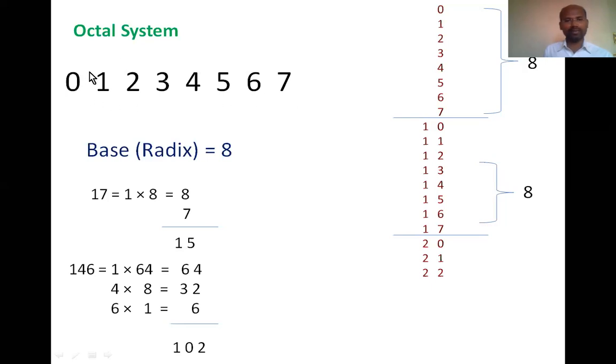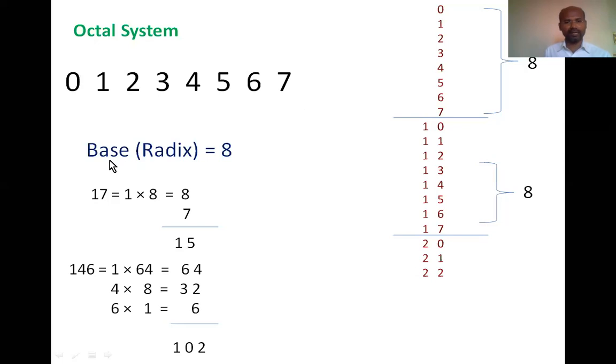The symbols present in the octal system are 0, 1, 2, 3, 4, 5, 6, 7. Totally how many symbols or numbers are there in the octal system? 1 to 7 means 7, plus 0. So there are totally 8 numbers present in the octal system.